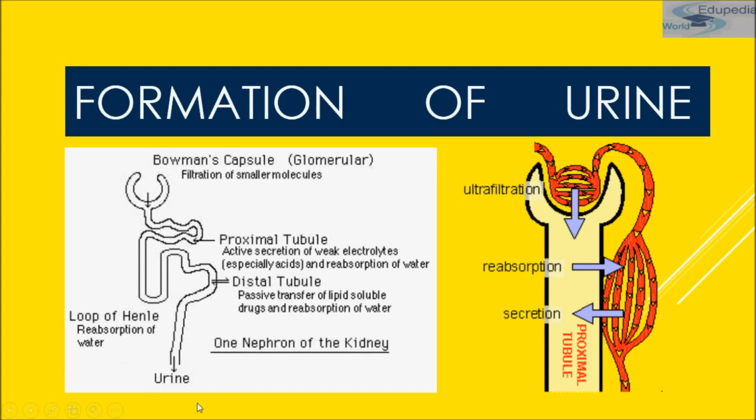So this is the nephron of the kidney, which is the structural and functional unit of the kidney. It is about 40 to 60 nanometer in length. Structurally it consists of two main parts. First is the Malpighian body, also known as the Malpighian corpuscle, and the other is the tubular region.